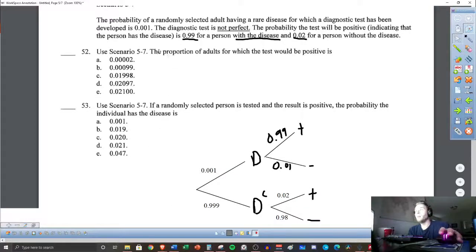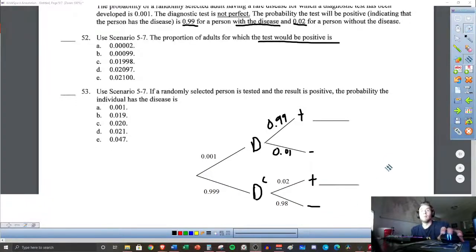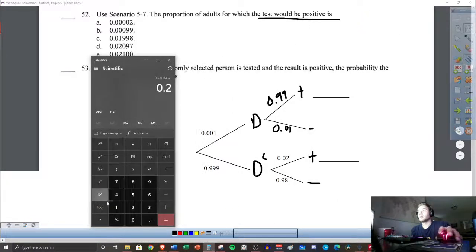Now it says, what proportion of the adults would test positive? Well, there's two places where they could test positive. That is here and here. And as we've explained, to use these tree diagrams we have to multiply the branches to get our values. So let's go ahead and do that. 0.001 times 0.99.